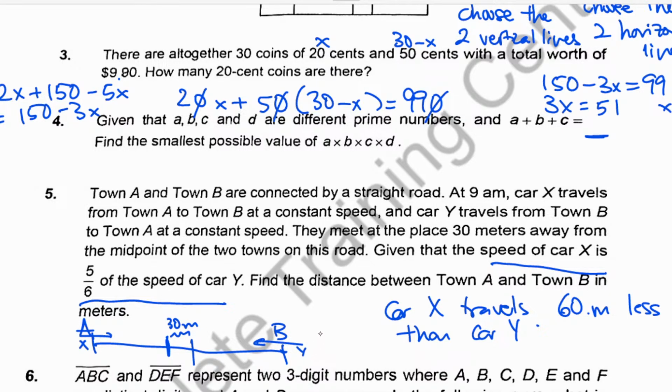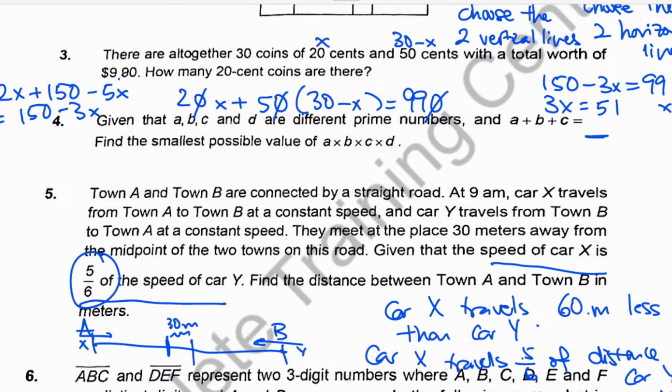So the difference between the travel distance of X and Y is 60 meters. How do you make use of the speed of X being 5 over 6 of the speed of car Y? Car X travels 5 over 6 of the distance that car Y travels. So 1 over 6 of the distance is 60 meters.